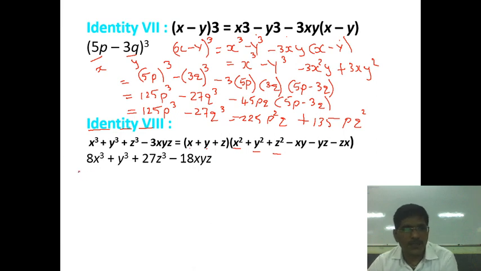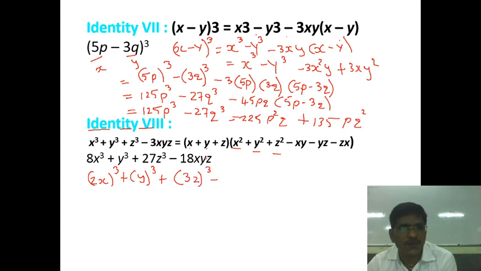So now I am explaining the sum. So all first three terms are cubes. So 8 is the cube of 2x. So I have to write (2x) cube, y cube. Here it is cube of 3z, minus formula is 3, x, that is 2x, y, that is y, and z, that is 3z.